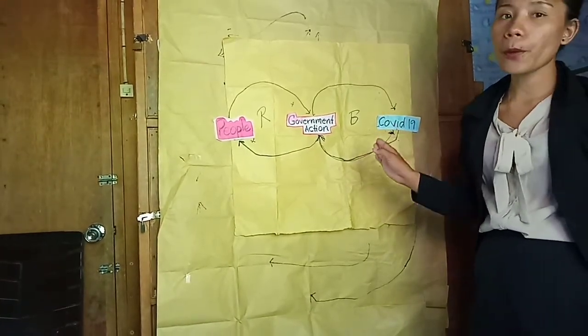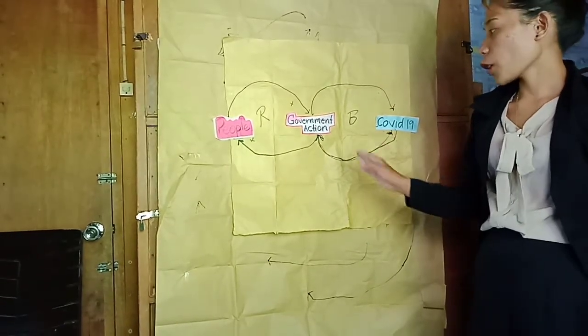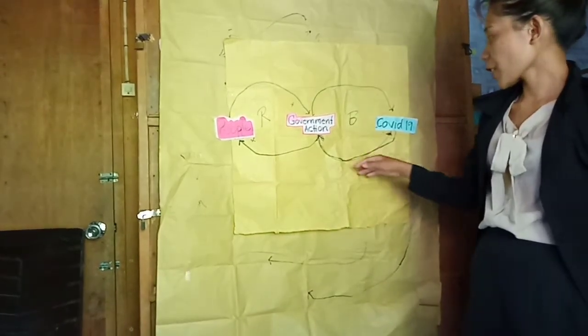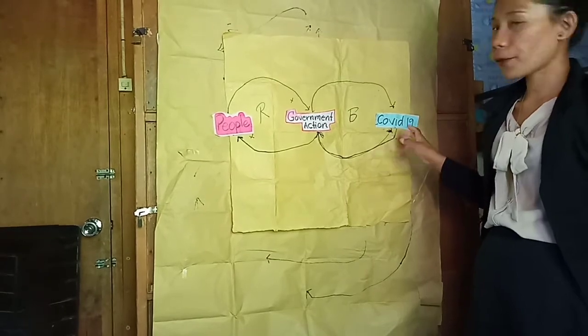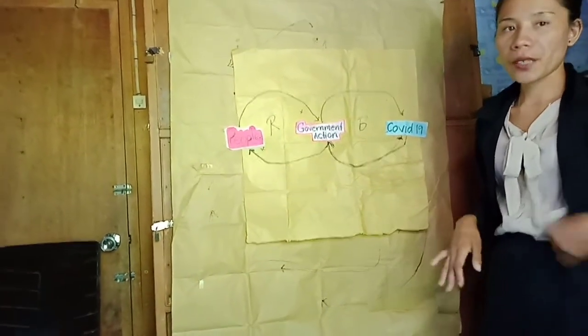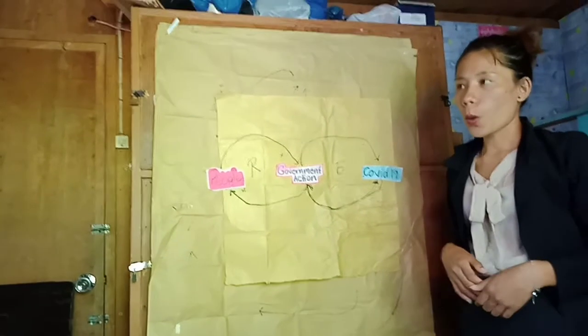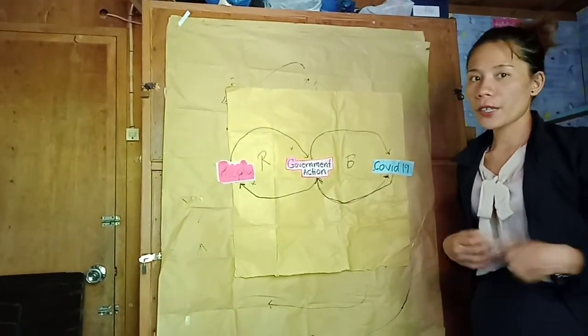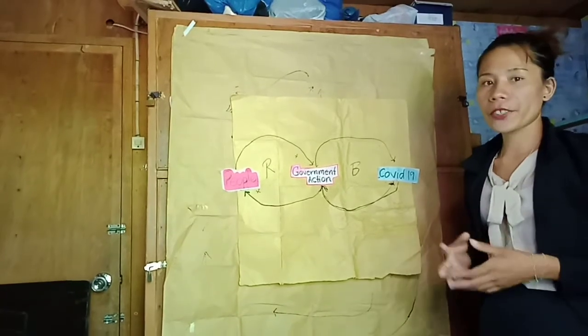While if people are not following the rules, there's a tendency that they will get affected by COVID-19, which leads them to die or have a severe illness from COVID-19.